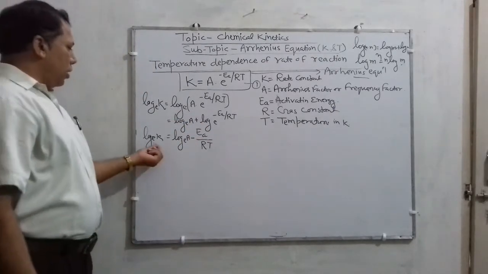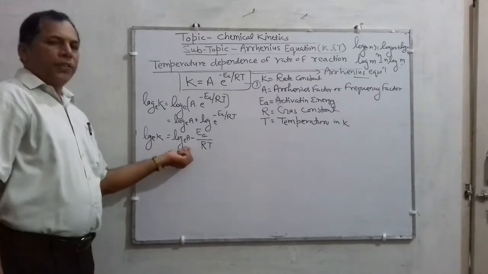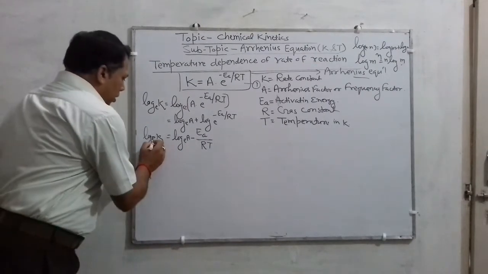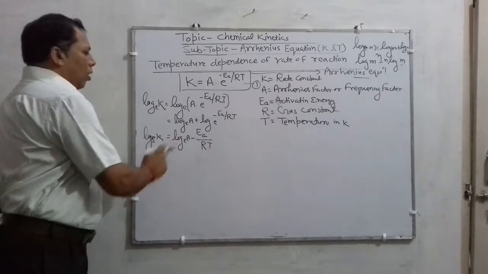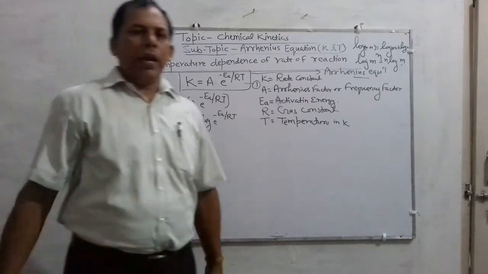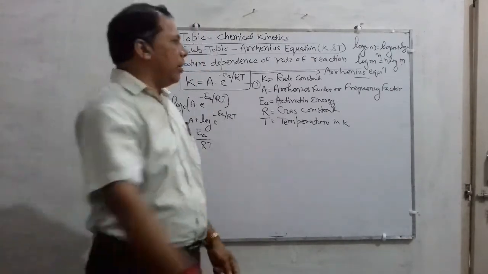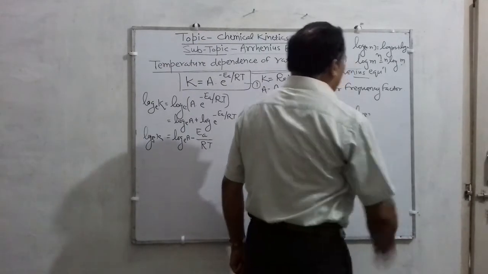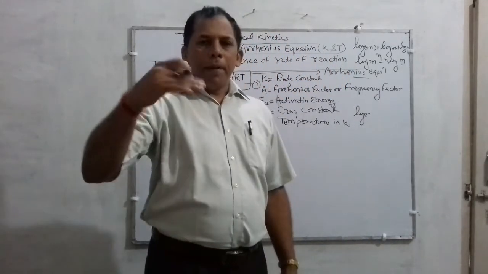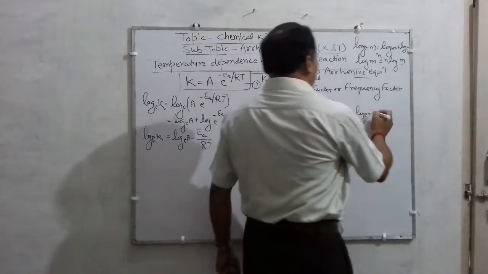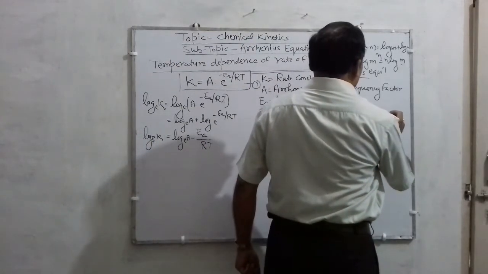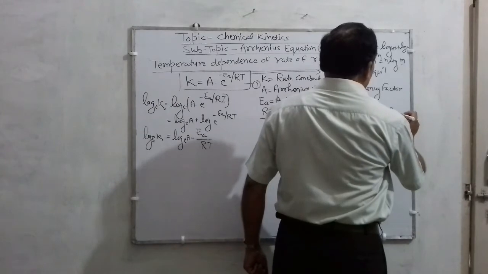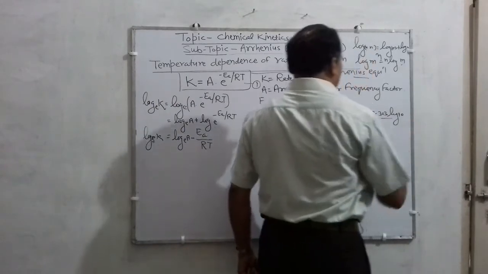Now change the base e of these logs to base 10. As I have told you already, during the conversion of log base e into log base 10, multiply by 2.303.